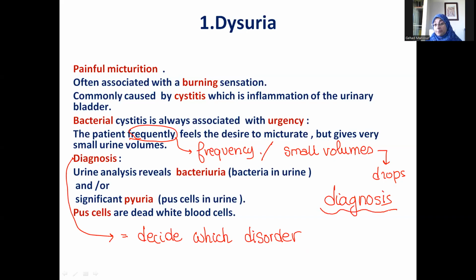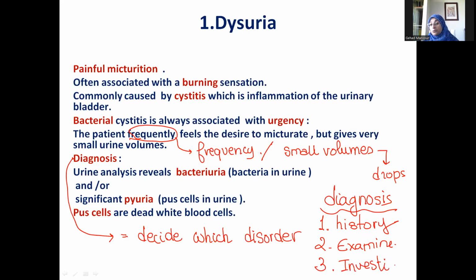The first step is to listen to your patient, meaning that you would take the history from the patient, and then you would examine your patient. Sometimes in cystitis, there is nothing weird during external abdominal and pelvic examination of the patient. So you need to do certain investigations in order to confirm the diagnosis. Why am I saying to confirm?